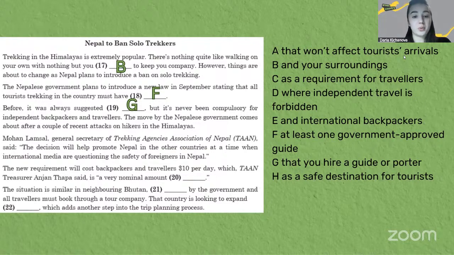Because there we can see, but it's never been compulsory for independent backpackers and travelers. Okay, nice. So we are moving on, and here we have the new requirement will cost backpackers and travelers $10 per day. And he said it is a very nominal amount.